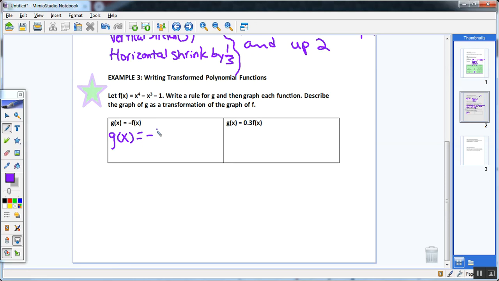This is like saying negative 1 times all of f of x. Okay, now f of x is described right up here. What this is really saying is take your entire function, f of x times what value? Times negative 1. So to transform this, g of x would become the following. Help me with this, kids. In the first part up here, f of x was written as x to the 4th to begin with.